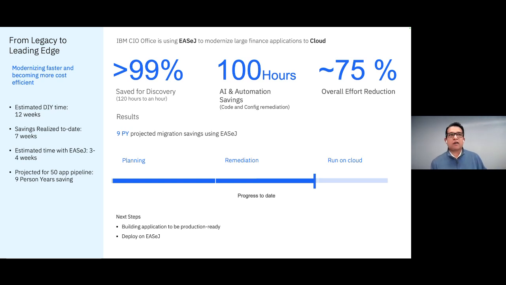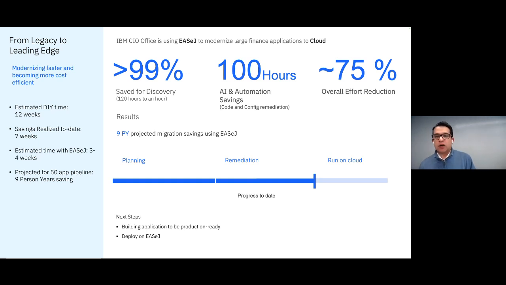In CIO, we have modernized almost 200 applications from the legacy Java stack to a newer Java stack. In our experience, it takes around 12 weeks to do this for a mid-size application. With a combination of AMA and WCA, we are able to save 7 to 8 weeks already.